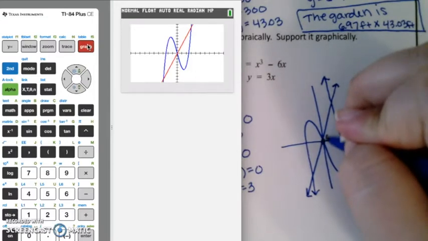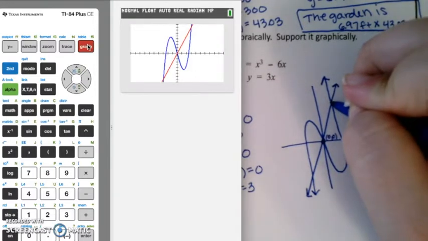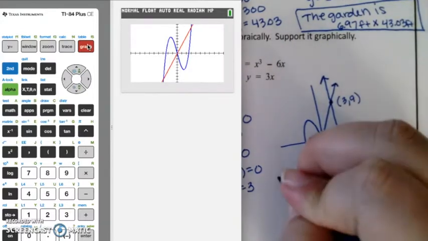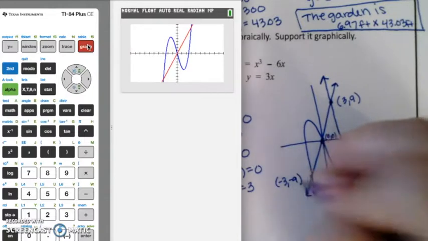Okay, we know that this point is 0, 0. We can find that this point is 3, 9, and this point is negative 3, negative 9.